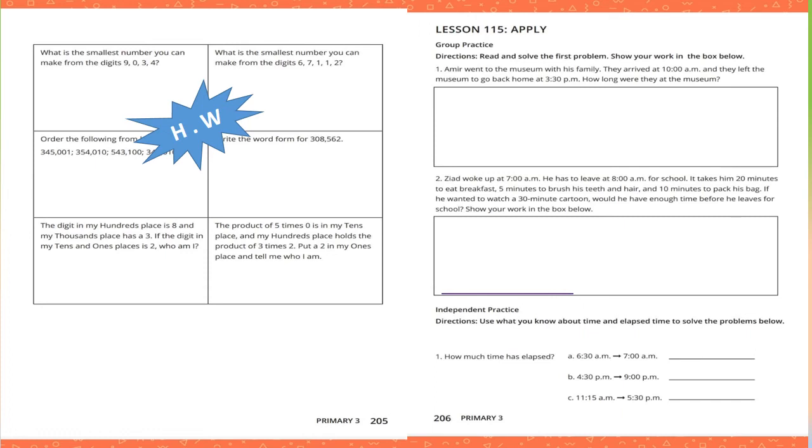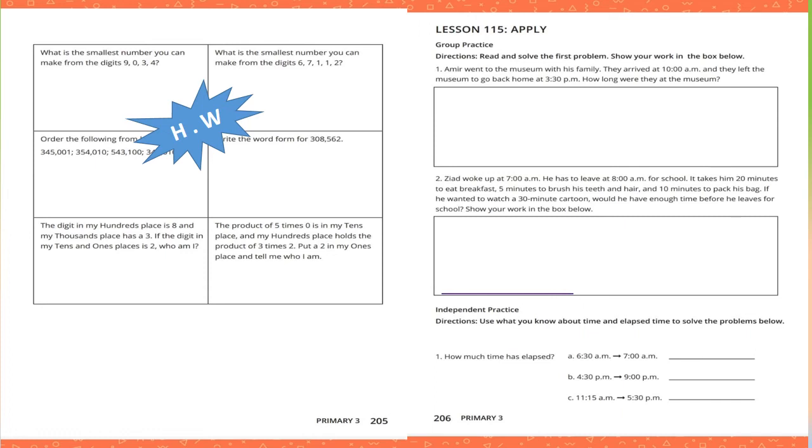Then page number 206, Lesson 115. Directions: read and solve the first problem. Show your work in the box below. Number 1. Amir went to the museum with his family.